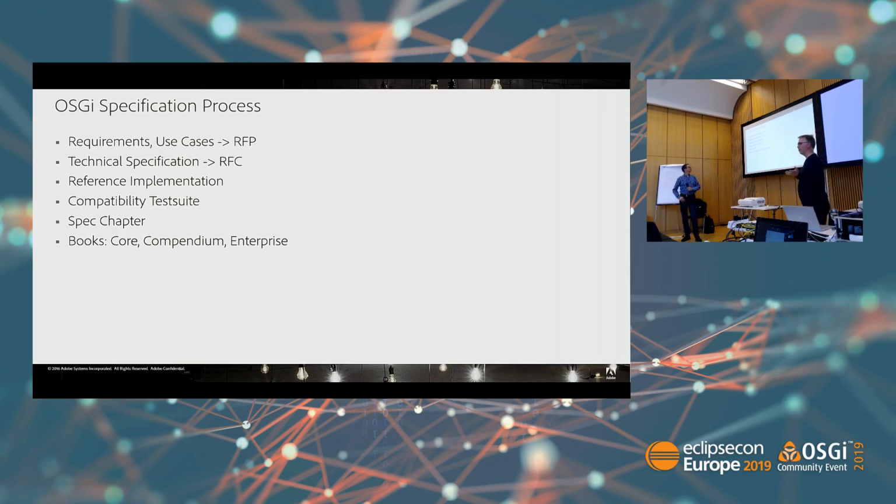Someone has a cool idea, oh, we could work on this or that topic, and then we get together and drink some beers and come up with some very useful requirements and create the first document, which is the RFP document, basically listing the problem domain, requirements, use cases, all these things. And it's more or less not technical in there. It's really just figuring out what the specification is about in the end.